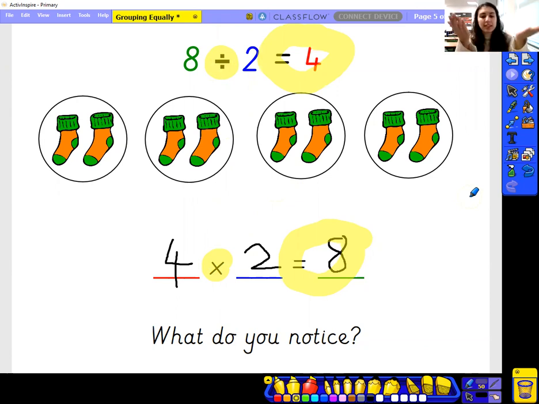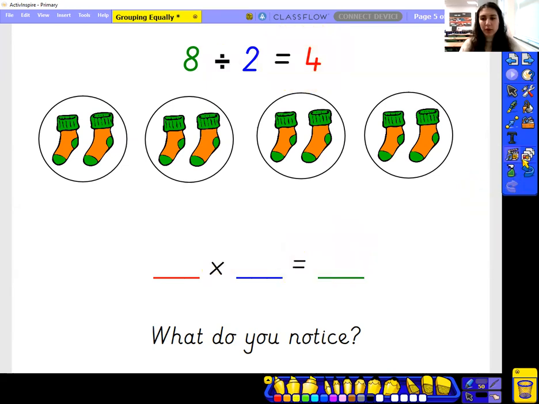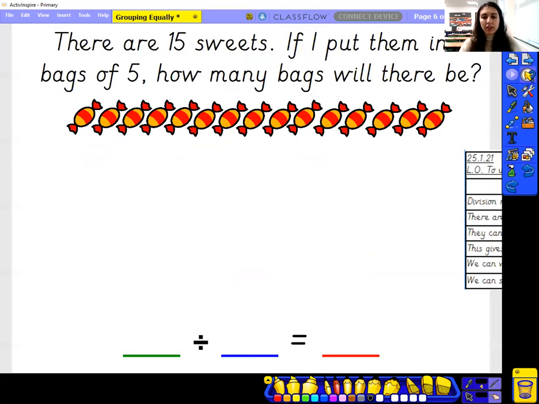Times and divide are opposites. So thinking about those relationships then between opposites, our biggest number is what comes first with our division, whereas when we multiply, that biggest number comes at the end. So let's have a look at some more examples of grouping equally.